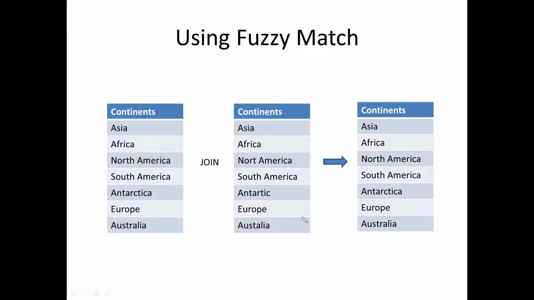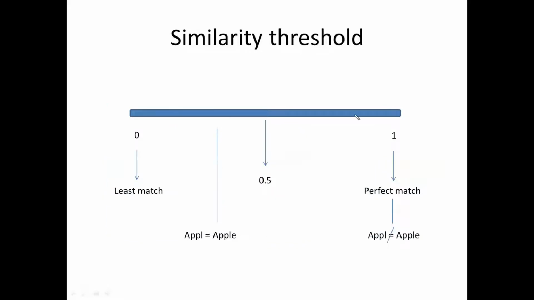How that happens is that in fuzzy join there is something called similarity threshold, a number between 0 and 1. If you give 1, it will be a perfect match. That means "apple" is not "appl".